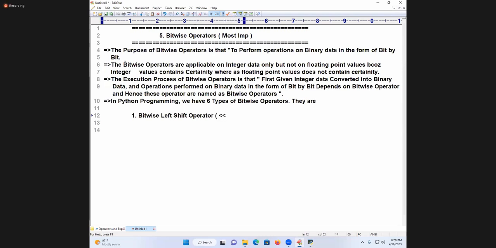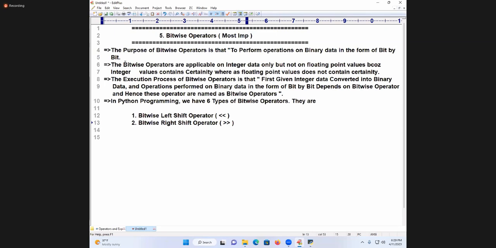Like this, I am going to say. The second one I am going to take is the bitwise right shift operator. I'll explain each and everything separately. The arrow you see is towards the right side, versus towards the left side. Are you able to get it?